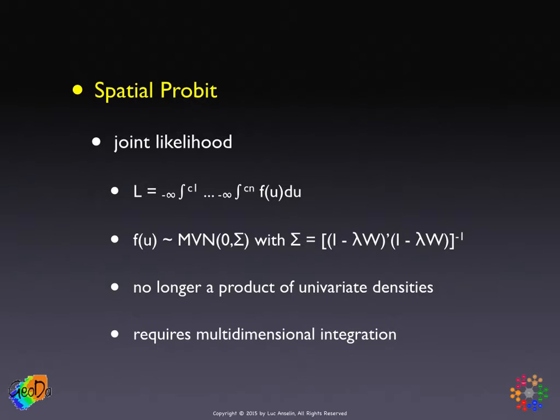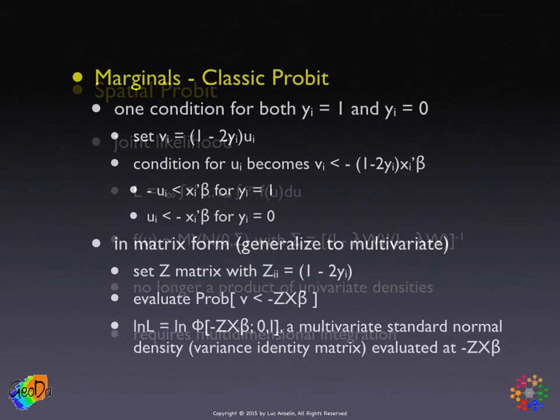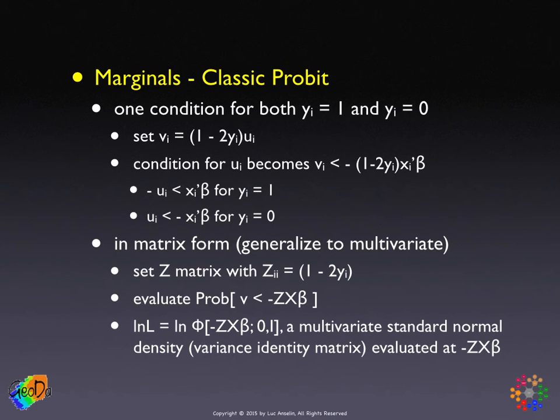Now, to set the stage for the two spatial models, let's re-express this in terms of a series of marginal conditions for the error terms at each observation.